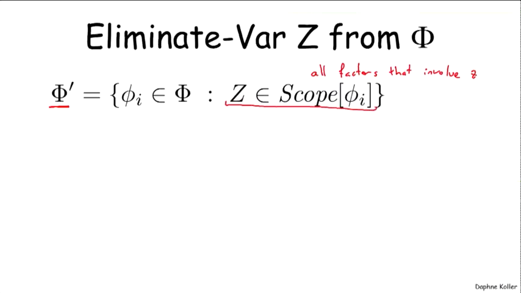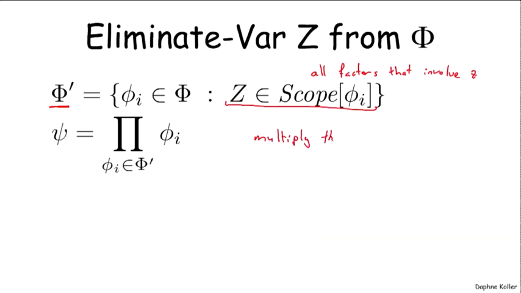The factors phi I such that z is in their scope. We take all those factors and we multiply them. And then we sum out the variable z, which is the one that we want to eliminate.